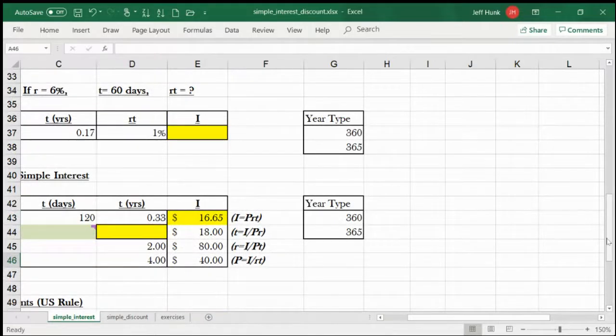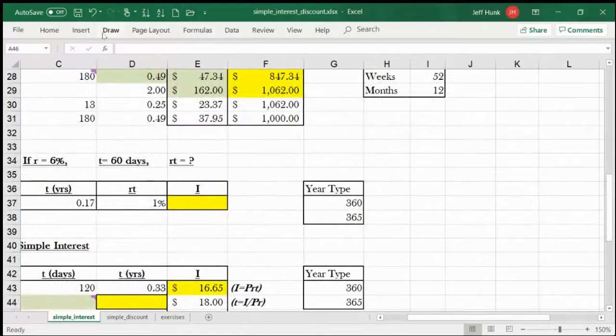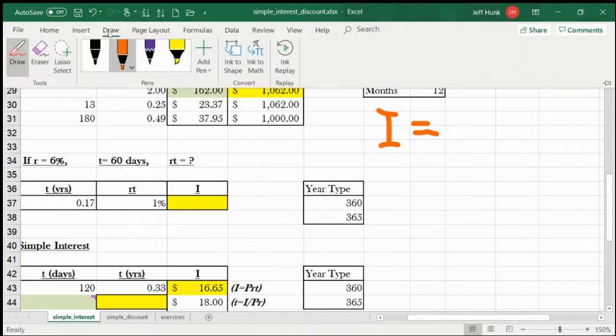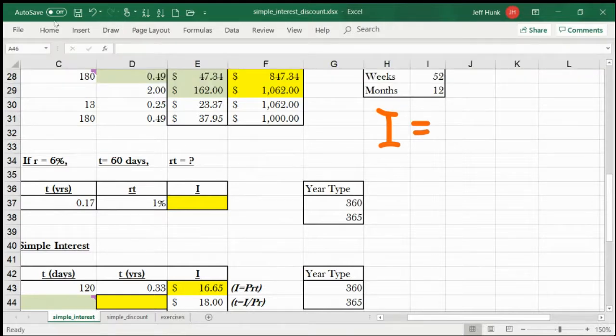Going back to the basic interest formula, interest only is P times R times T. Now, suppose principal is the unknown.